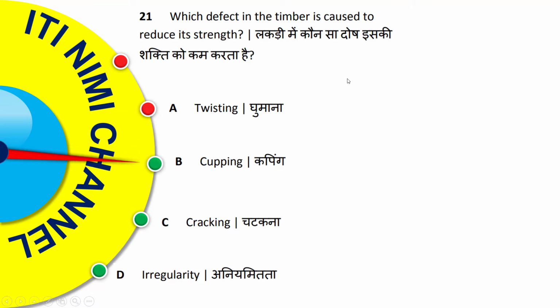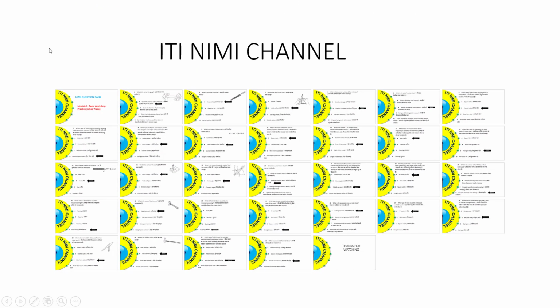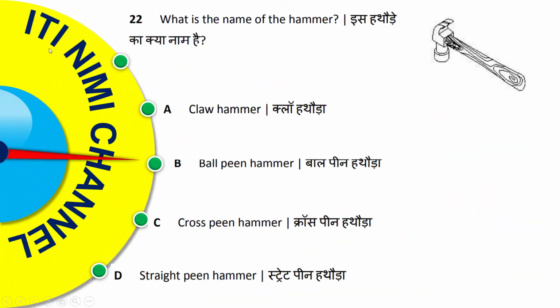Twisting, cupping, cracking, irregularity. The answer is irregularity. What is the name of the hammer? You have to tell what is the name of this hammer. Claw hammer, ball pen hammer, cross pen hammer, straight pen hammer. The answer is claw hammer.